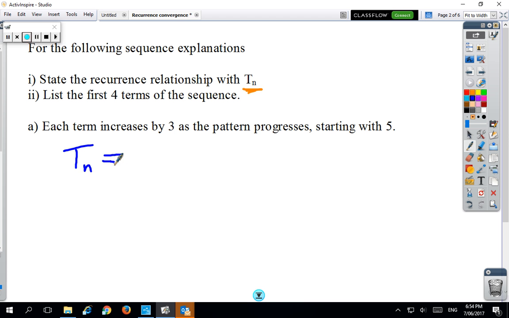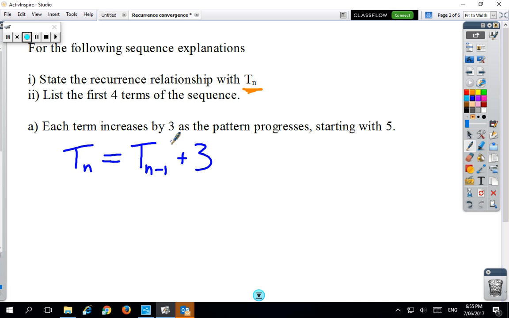And then to get a term, I'm going to say this is the new term that I'm going to be finding, and usually we find this new term by working with the one before. So if this is a term, this here would be the term 1 back. Now in this case, each term increases by 3, so we take the term 1 back and add 3.